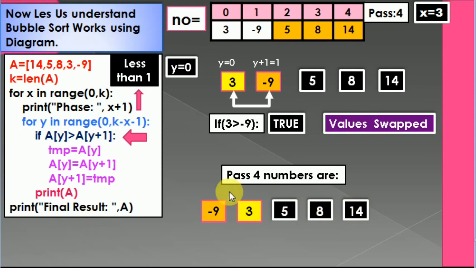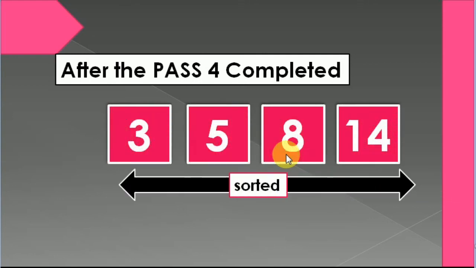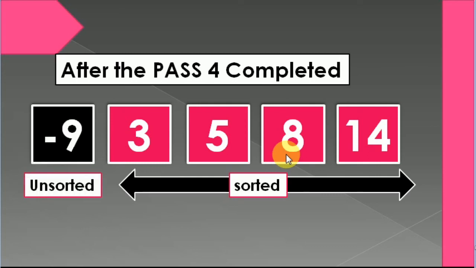The inner loop works only one time in pass 4, so it is finished. So the final result of pass 4 is that 3, 5, 8, 14 are sorted, and the unsorted one is minus 9.